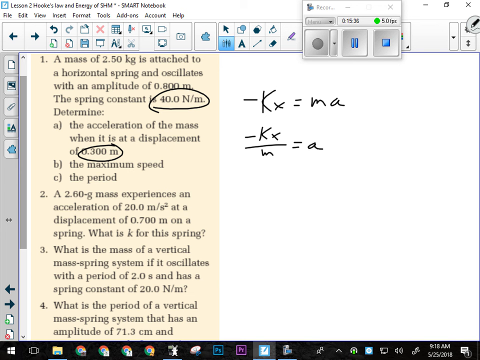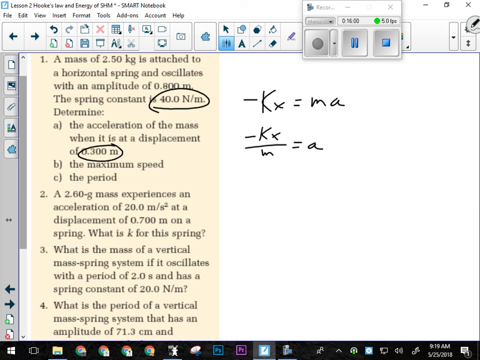So its displacement is 0.3. They didn't say what direction, so I can't really give a direction for the acceleration either. I can calculate the magnitude of the acceleration, but I can't give a direction here because they never told me what the displacement was. We could say maybe back towards equilibrium. That would be about the best we could do for a vector.